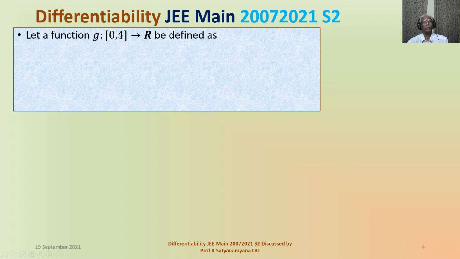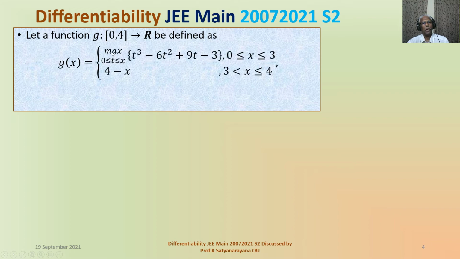It is defined as g of x is equal to the maximum of t cube minus 6t square plus 9t minus 3, where 0 less than or equal to t less than or equal to x, and x ranges from 0 to 3, 0 less than or equal to x less than or equal to 3. And it is 4 by 4 minus x when 3 less than x less than or equal to 4.